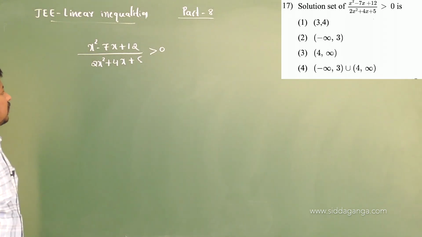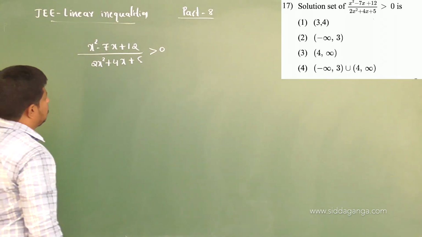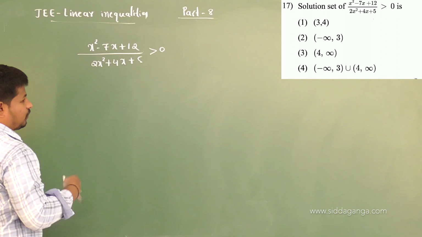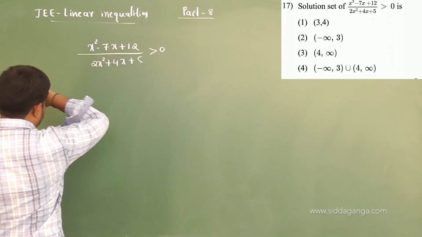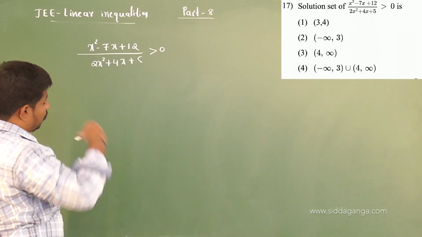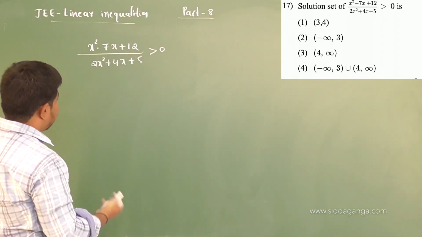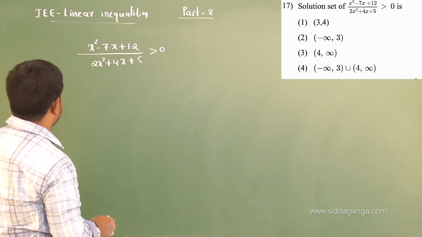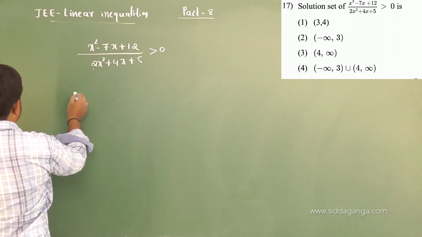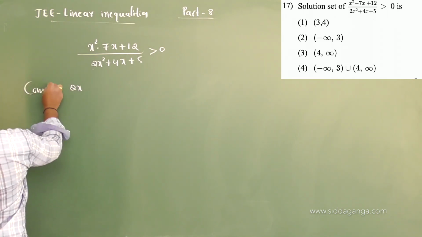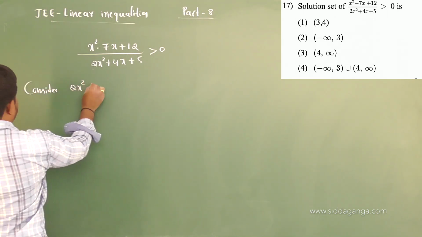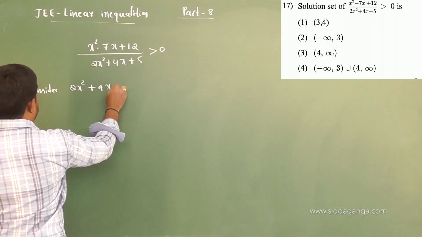Okay. Whenever we have this type of question, first check, among the given two quadratic polynomials, which one is always greater than 0. Let me consider the second one, 2x square plus 4x plus 5.